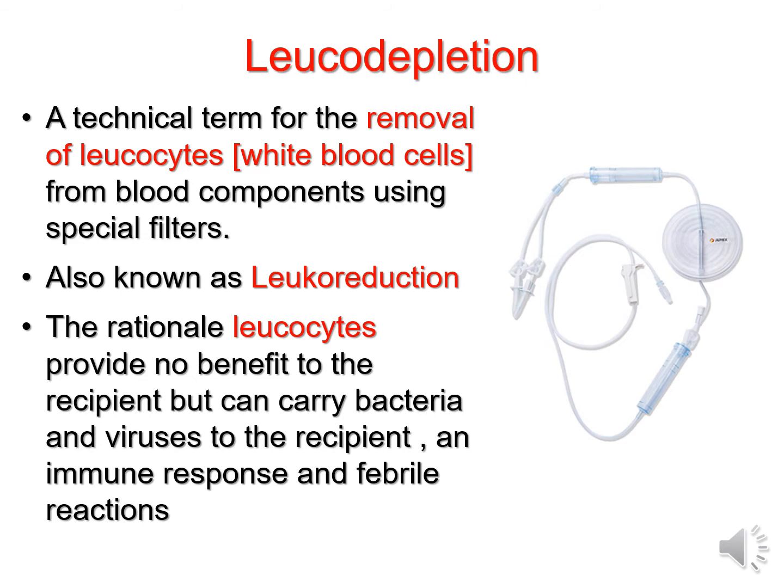You can't reduce them all, you can't eliminate them all, but you can certainly reduce them considerably or deplete their numbers. And the rationale is that leukocytes provide no real benefit to the recipient, but carry bacteria and viruses to the recipient, which can result in an immune response and a febrile reaction.